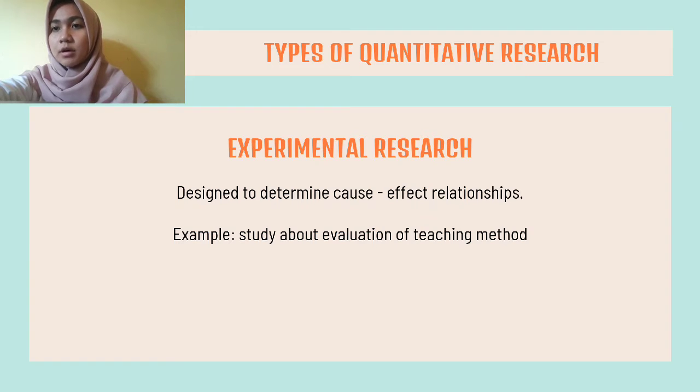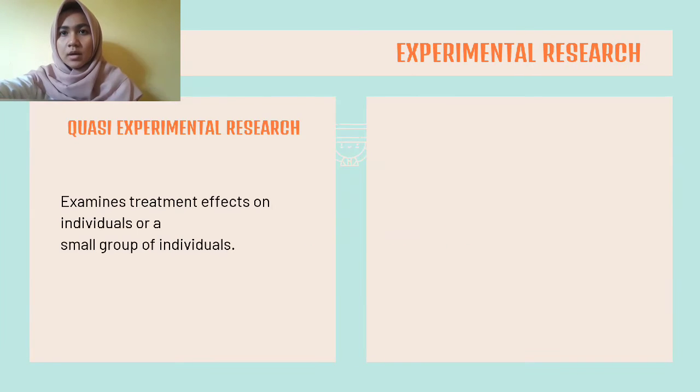An example of experimental research is a study about evaluation of teaching method. In this research, we will evaluate the teaching method of two teachers to determine which is the best. By evaluating the effectiveness of each teacher's teaching method, we may conclude after the post-test has been carried out.